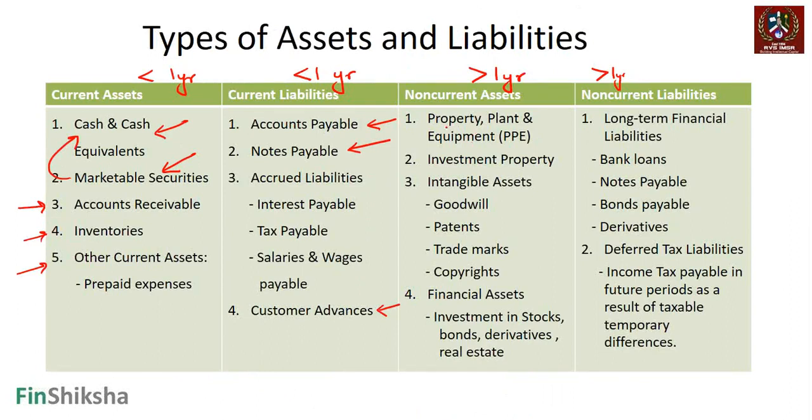Non-current assets will typically include your factories, plants, equipment, machinery, any kind of investment in property, land, etc. These kinds of assets are typically called tangible assets. Why? Because you can feel them, you can see them, you can touch them, right? There are some assets which are intangible assets, like the brand value of the company, or if the company has some patents.